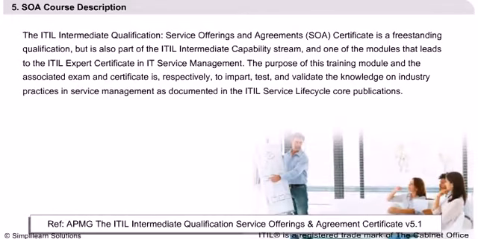The SOA certificate is a freestanding qualification, but is also part of the ITIL Intermediate Capability Stream and one of the modules leading to the ITIL Expert in IT Service Management certificate.